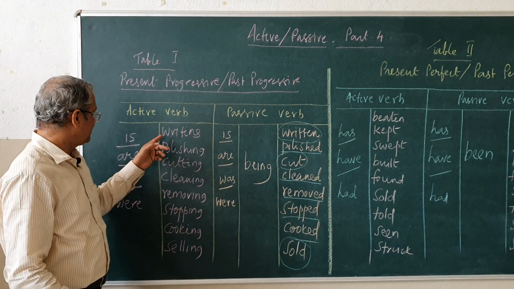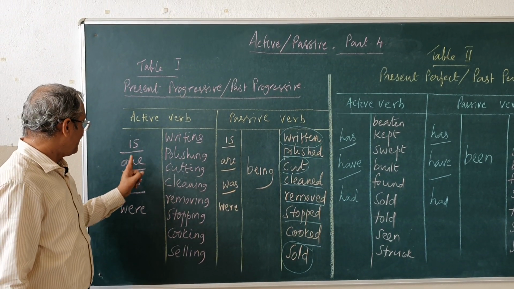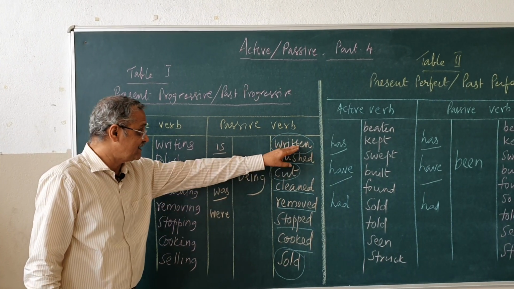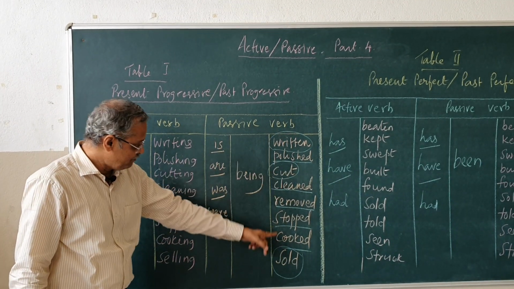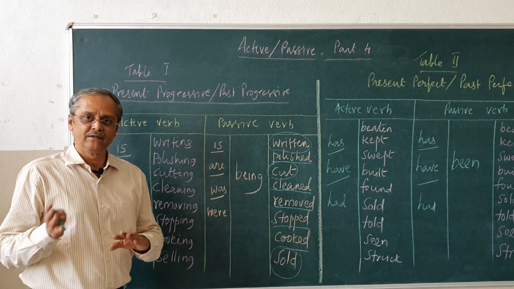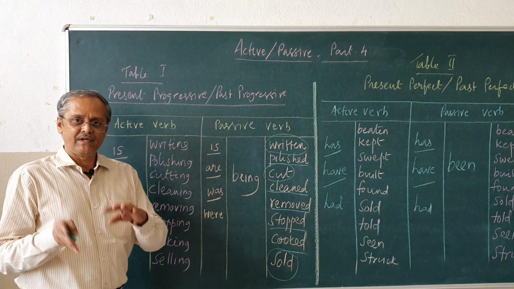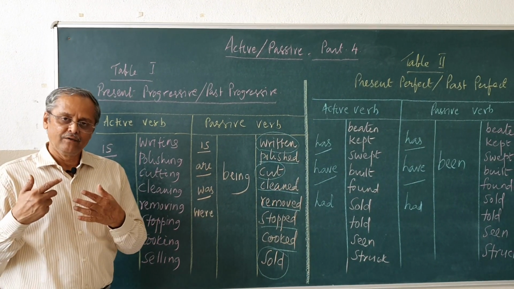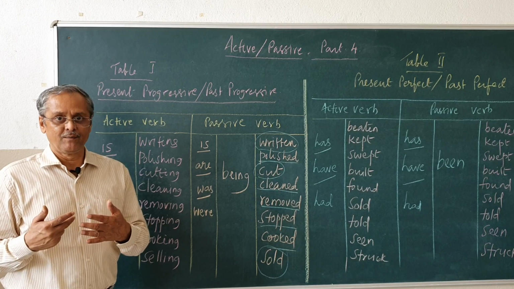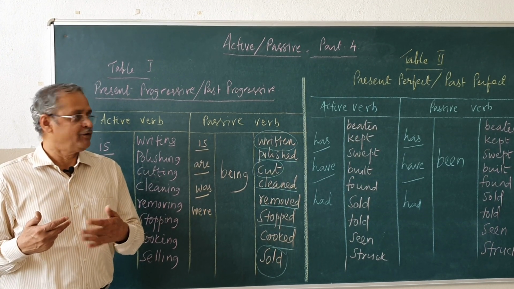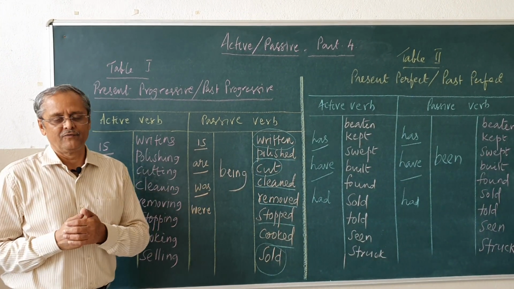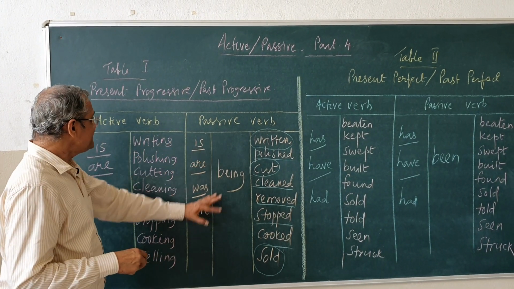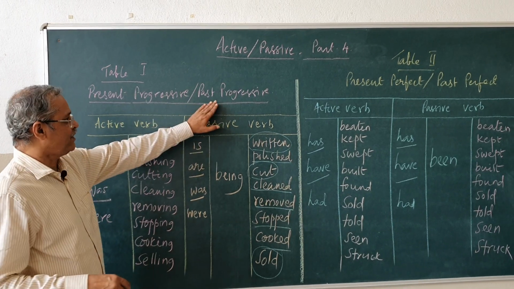For example, constructed: they are constructing a house, a house is being constructed by them. Replace these verbs with any other transitive verbs which can be converted into passive voice, and practice that. Use more irregular verb forms, and you should know and practice the past participle forms of the regular verbs. So, this is about present progressive and past progressive.